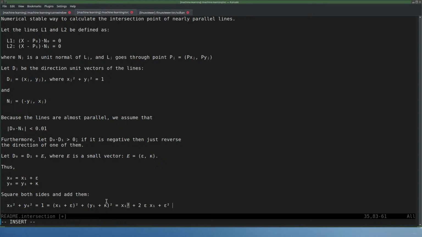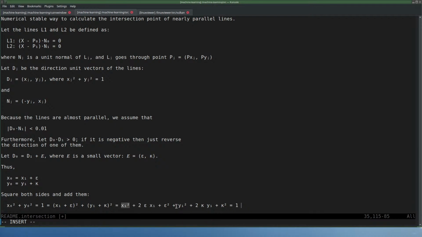Did I calculate that correctly? And now we continue with y1 squared plus 2 times kappa times y1 plus kappa squared, which happens to be equal to 1.